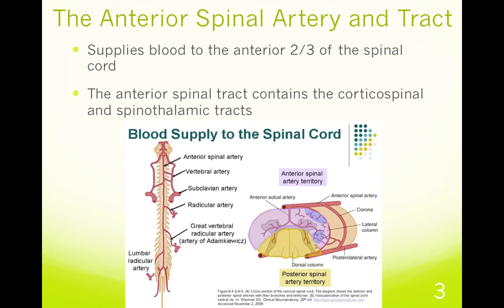The anterior is responsible for supplying blood to the anterior 2/3 of the spinal cord, which is this portion here. The anterior portion of the cord contains the corticospinal and the spinothalamic tracts. When anterior cord syndrome is present, it's manifested by changes to the functions regulated by these tracts.